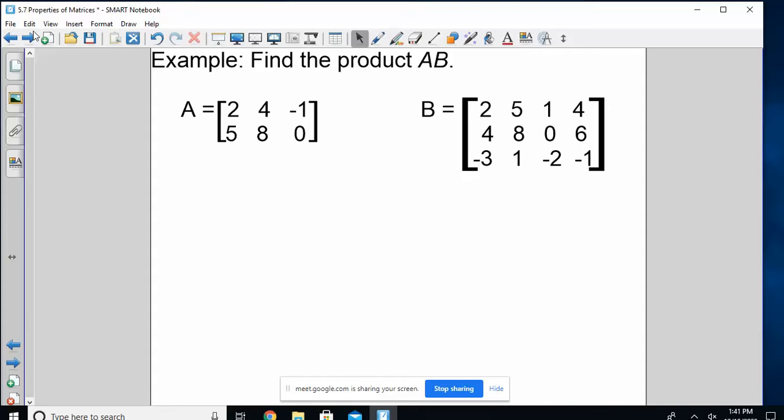Moving down over on row 1 and down column 1, 4 times 4 is 16. Negative 1 times negative 3 is 3. I'm showing all my work here. What do I have to do with those numbers? Add them. So we get 23 for that first number.